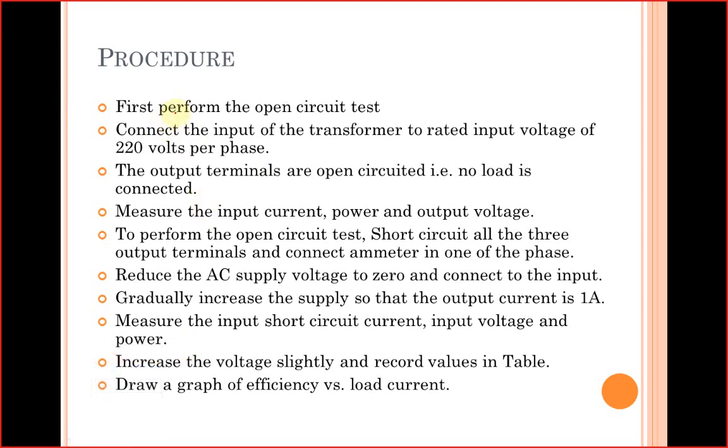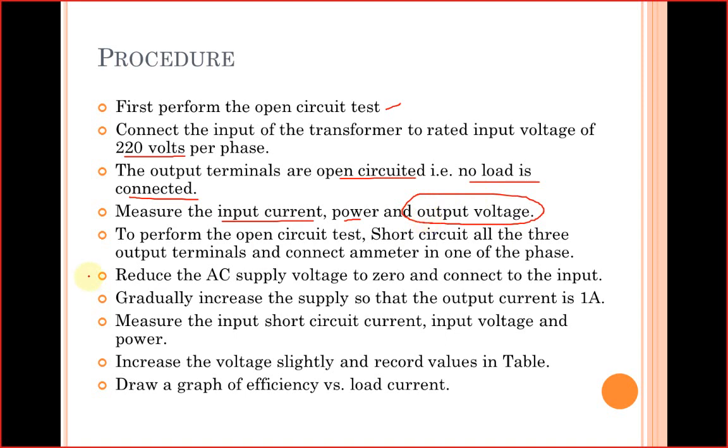So the procedure here, first of all, we will perform the open circuit test. We will connect the input of the transformer to 20 volts. The output terminals are open circuited, which means that no load is connected to the transformer. Then we will measure the input current and power, and also we will see the output voltage, to check whether our transformer is working correctly or not.